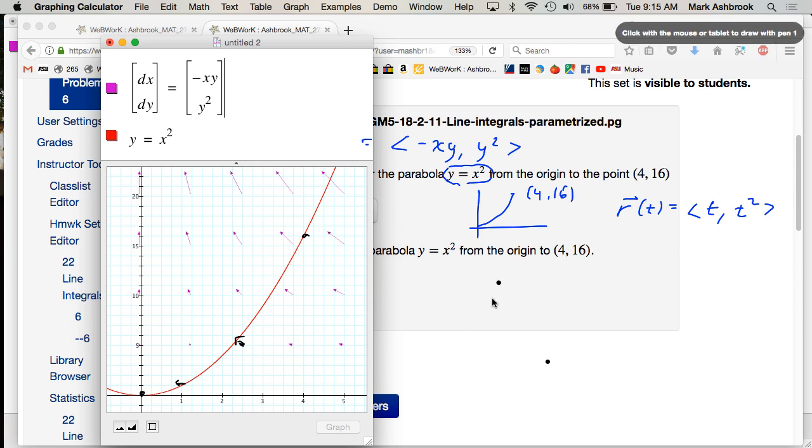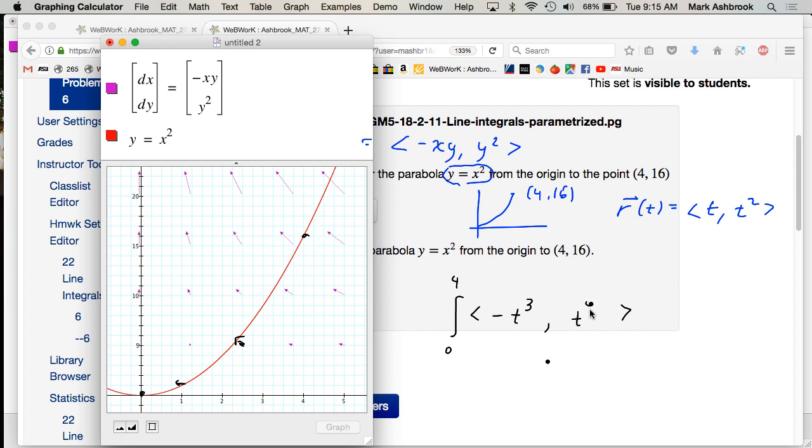So we want to do the integral, and since we know x goes from 0 to 4, so this is easy, 0 to 4. And then we're going to have negative x y, I mean, negative t times t squared, so negative t cubed, and t to the 4th. So there's the vector field rewritten in terms of our path, right?